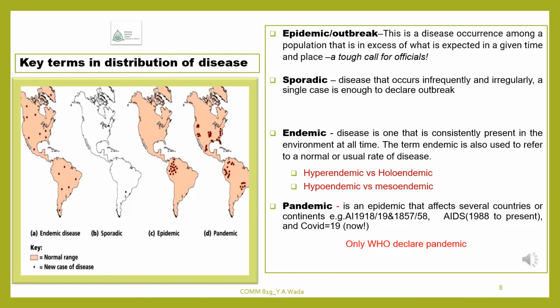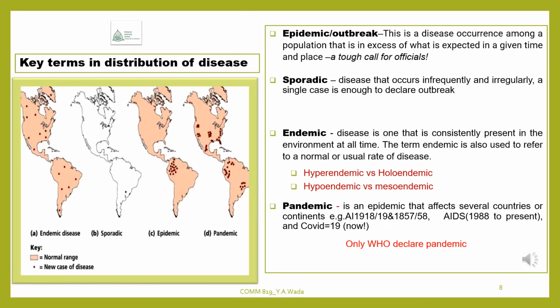Pandemic is an epidemic that affects several countries or continents. A typical example is the avian influenza of 1918 that affected almost all the world. Then we have another outbreak in 1857-1858.